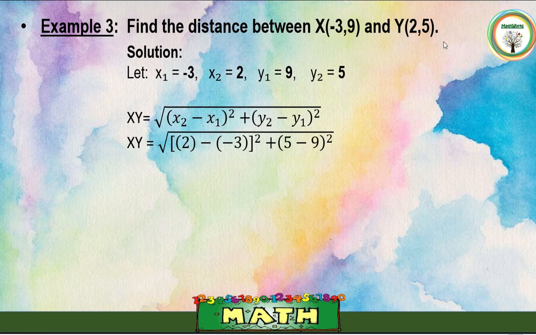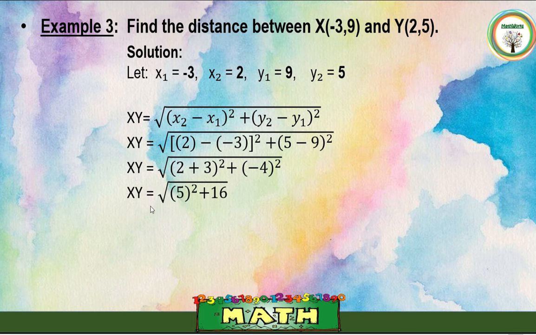Substitute the values. We have 2 minus negative 3 quantity squared plus 5 minus 9 quantity squared. XY is equal to the square root of the quantity of 2 plus 3 squared plus negative 4 squared. So 2 plus 3, because negative times negative is equal to positive.